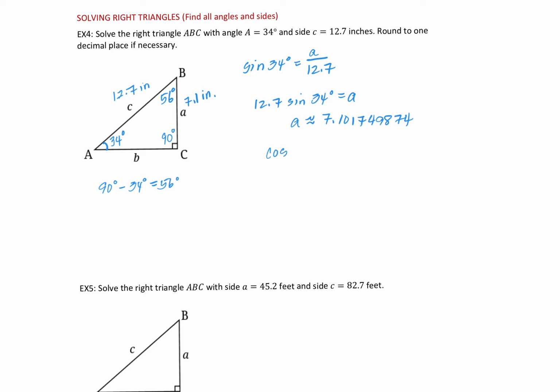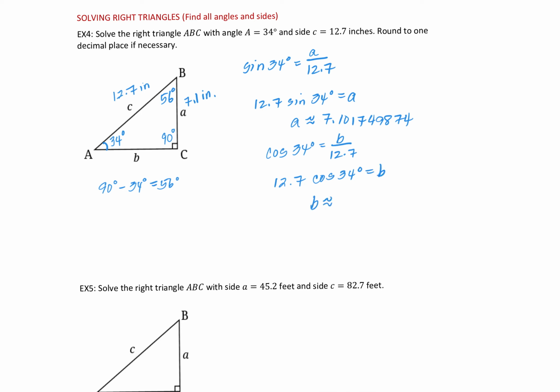I could compute cosine of 34 degrees. That's going to be equal to B over 12.7. And then getting the B by itself by multiplying both sides by 12.7, it's 12.7 times cosine of 34 degrees. That's going to be B.